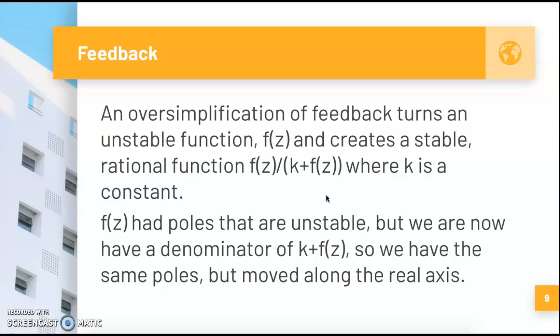If f of z had poles on the right side that created that instability, now this horizontal shift with this constant here is going to move it so the poles are on the other side so that the input and the output are not having this friction causing this instability.